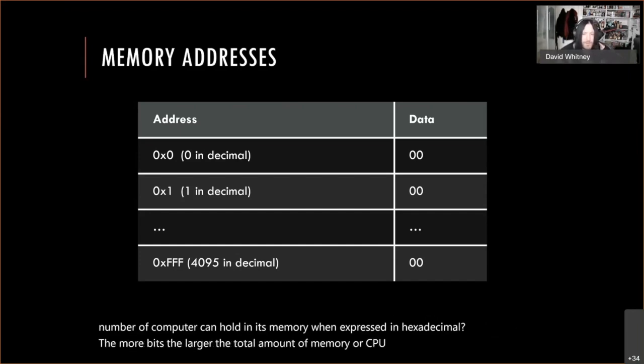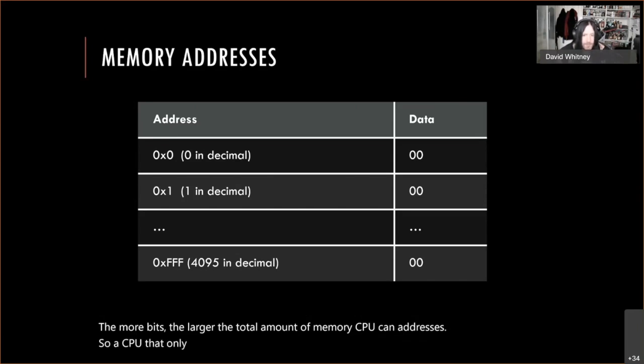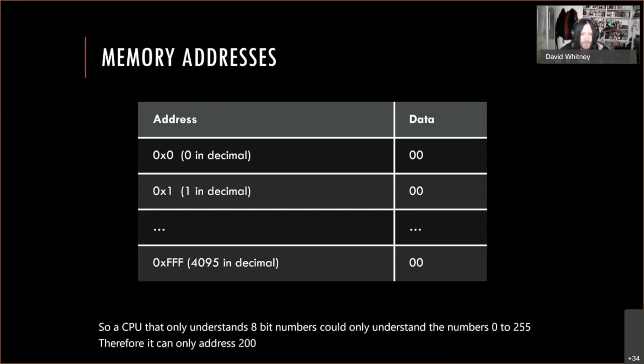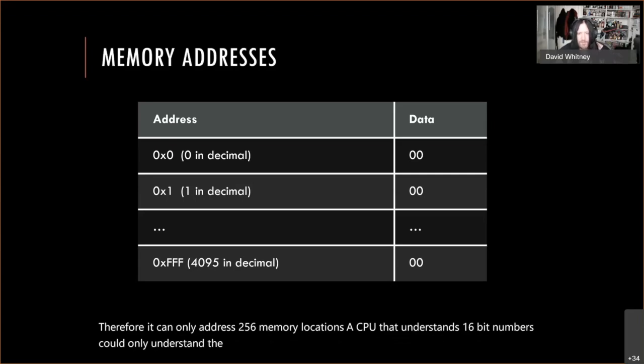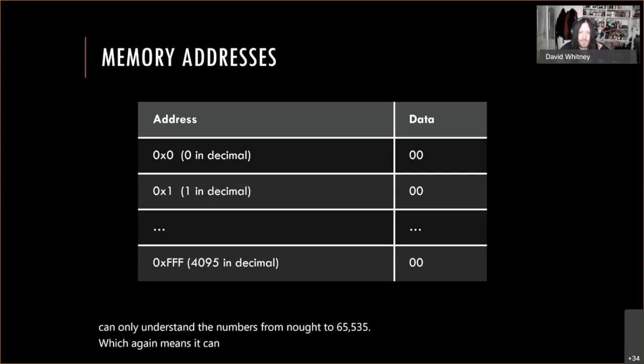So a CPU that only understands 8-bit numbers can only understand the numbers 0 to 255. Therefore, it can only address 256 memory locations. A CPU that understands 16-bit numbers can only understand the numbers from 0 to 65,535, which again means it can only address a total of 65,536 memory locations.